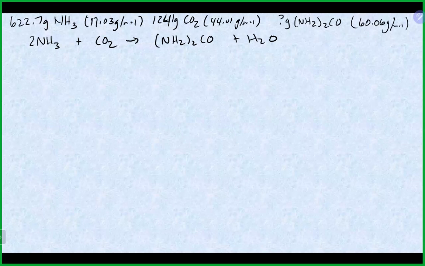A couple of things on this one. Again, we're looking for grams of our product here. They definitely will not always tell you it's a limiting reagent problem, and most of the time they will not tell you. The way we can recognize this as a limiting reagent problem is that we are given the grams of one reactant and also the grams of another reactant.